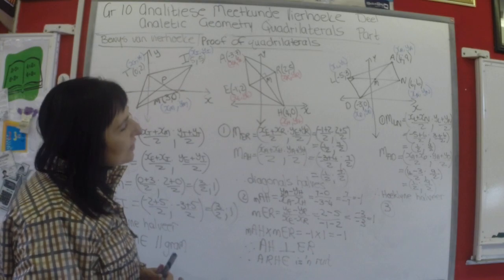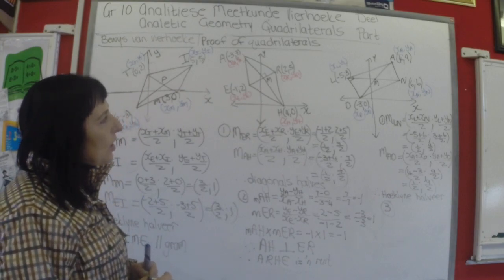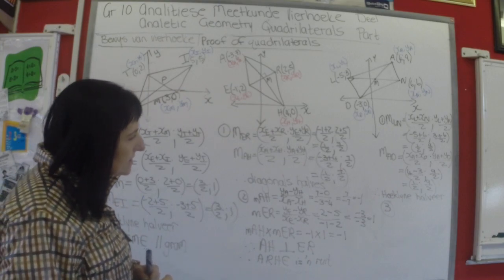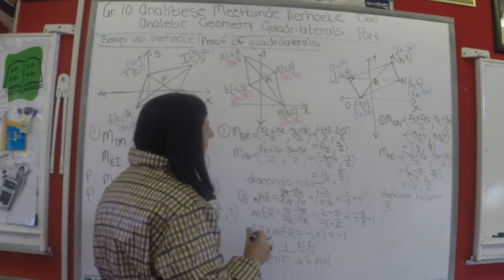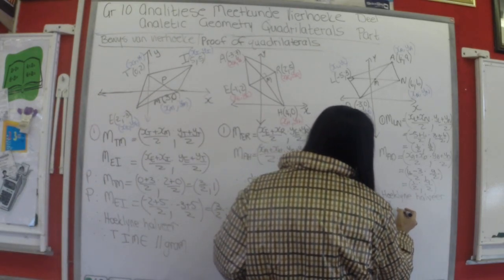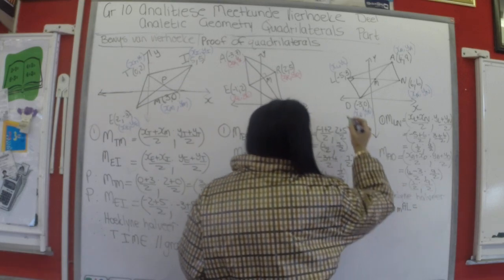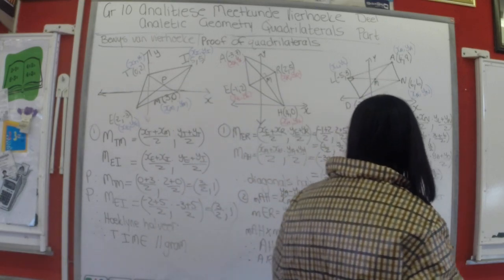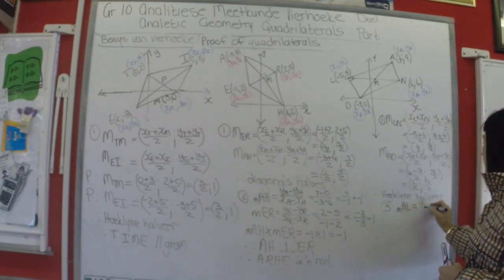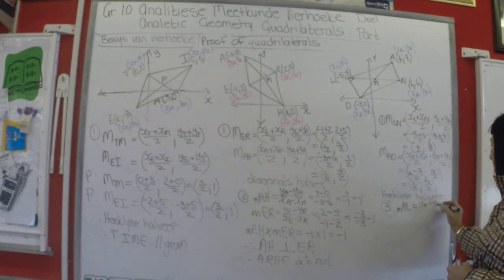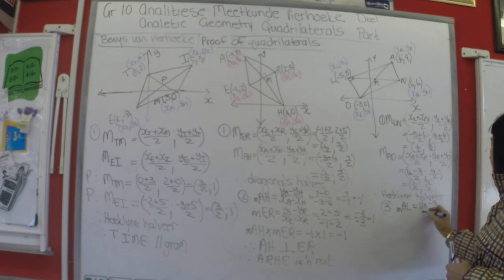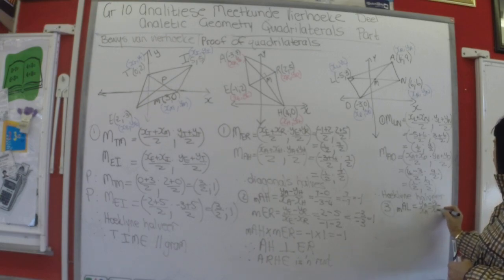Met ander woorde, that the interior angles are equal to 90 degrees. So hoe gaan ek dit doen? Ek gaan die gradiënt van AL kry. Okay, let's write down the gradient of AL. So we've got y A minus y L on x A minus x L.